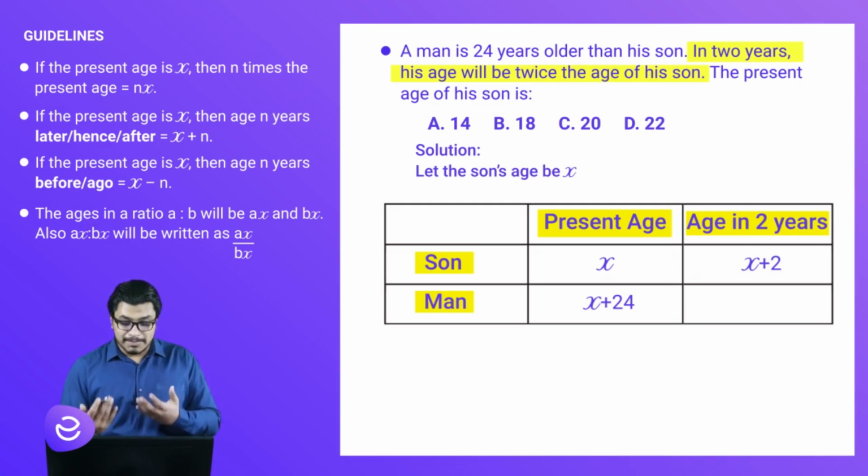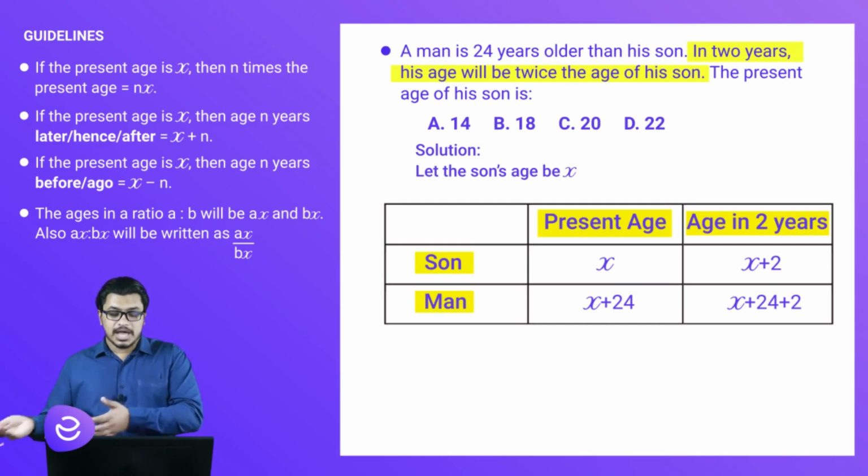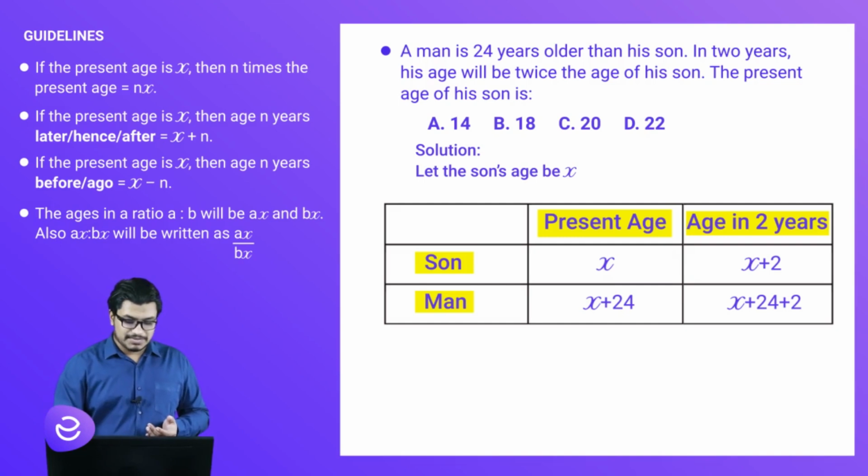If the man's present age is x plus 24, after 2 years the man's age will be x plus 24 plus 2. So here we have a very clear picture: the present age of the son, the age of the son after 2 years, the present age of the man, then the age of the man after 2 years.